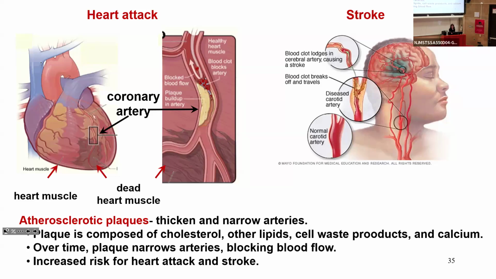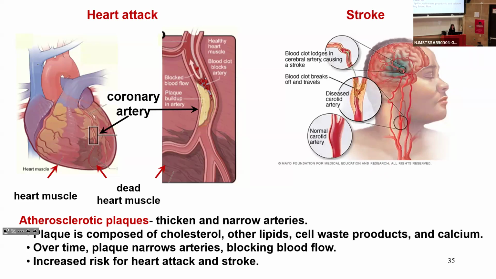In the case of stroke, it may be a carotid artery in the neck, and there will be a blockage that occurs here, preventing blood flow to the brain. And this is what's causing stroke.